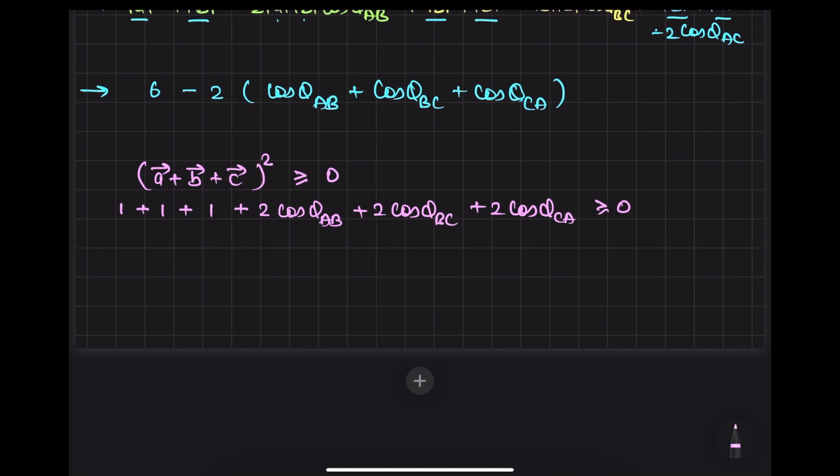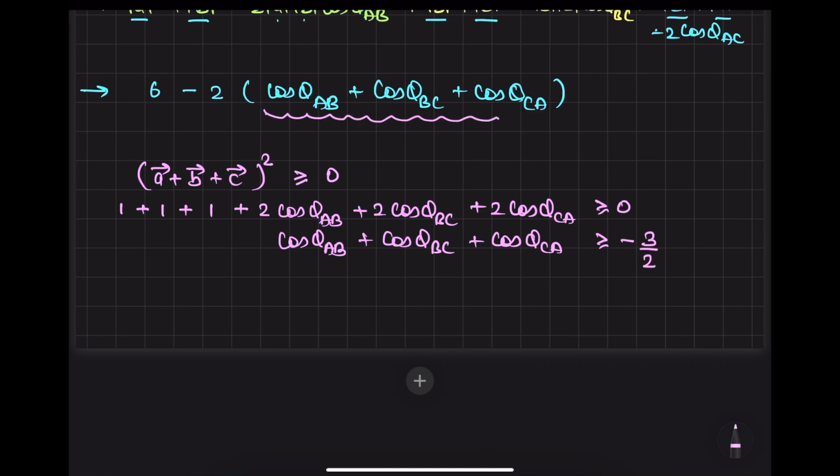This thing will be greater than or equal to 0. Now can I write that cos theta AB plus cos theta BC plus cos theta CA will always be greater than or equal to minus 3 by 2. So this thing is always greater than or equal to minus 3 by 2.